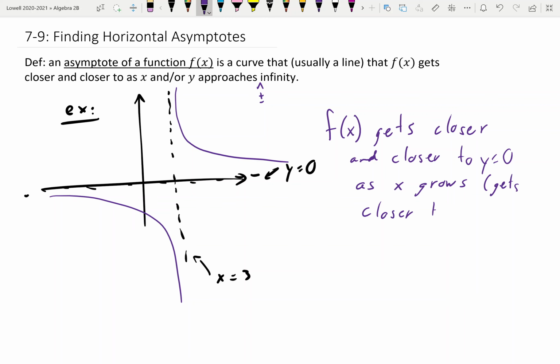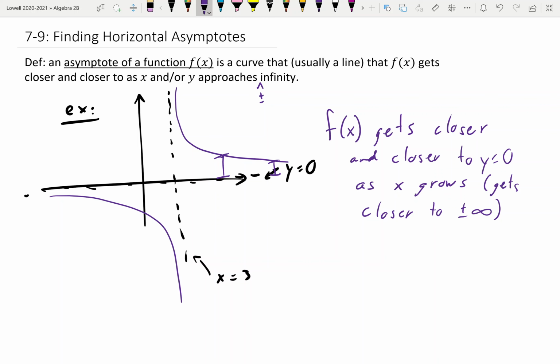Now, I know it's awkward to say closer to infinity when infinity is not actually a number, but you understand what I'm saying. It's simply as x gets larger and larger and larger, without bound. The distance between the purple graph and this line, y equals 0, is getting smaller and smaller.